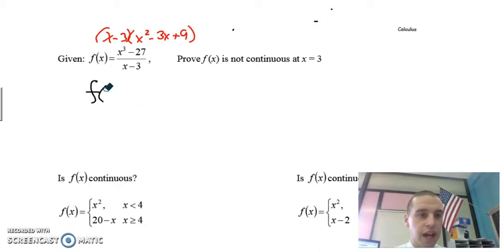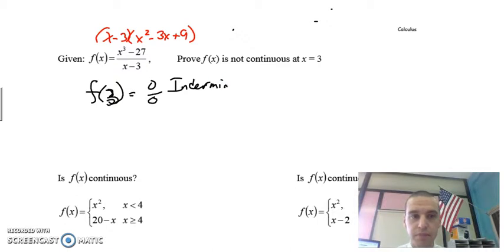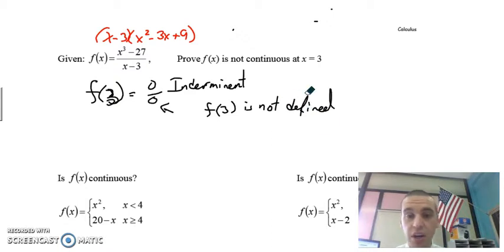Well, all we're going to do is f of 3. When we do that, you're going to get 0 over 0. I know it's indeterminate form. I understand that. But here's the thing: when you have 0 in the denominator, you know that f of 3 is not defined. That's all you need to know.